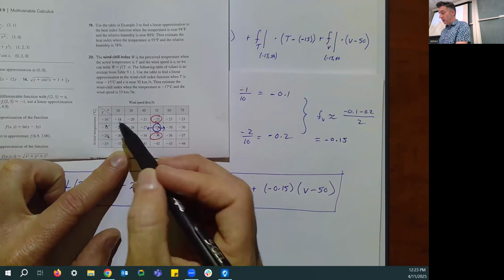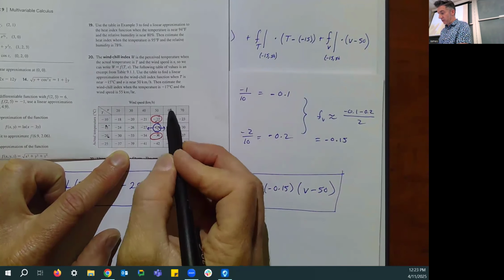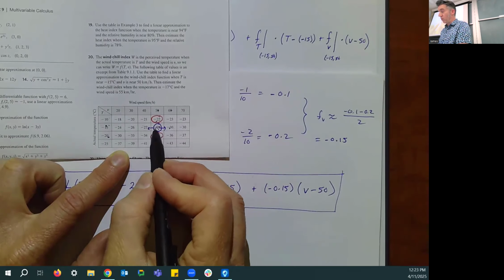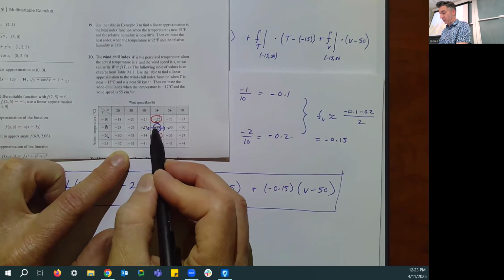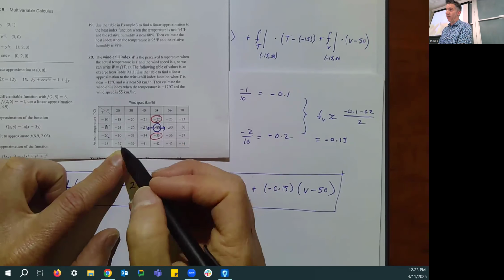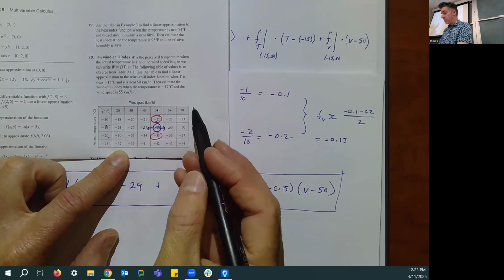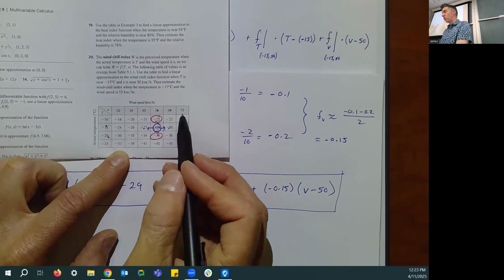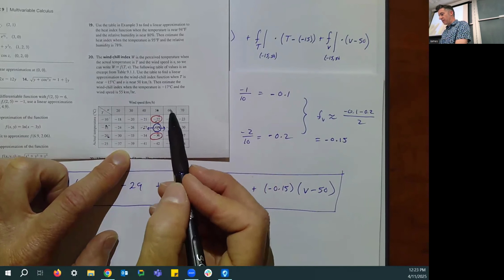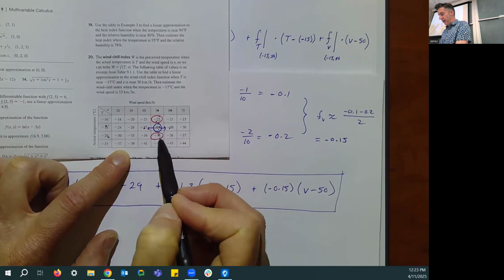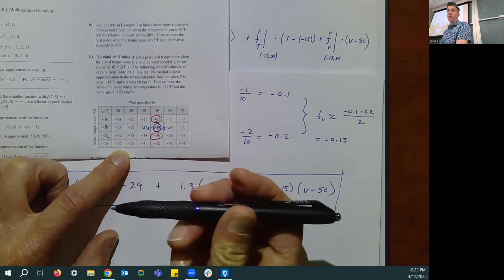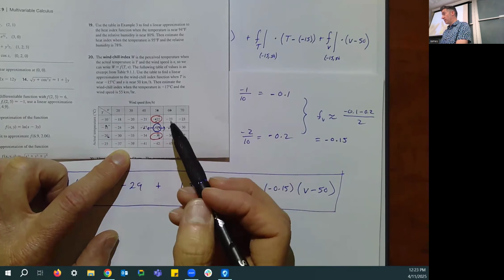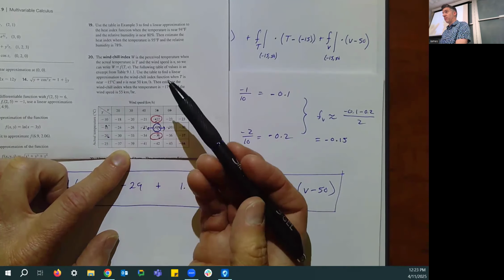And similarly for v, I took the difference between these two divided by the difference between these two, and then averaged the two. In this case, since all of your differences are the same, you could have skipped that and just done this, the difference between that and that and that and that. But for the other problem, 18, you do have to do it this way because the differences are not all the same each time.